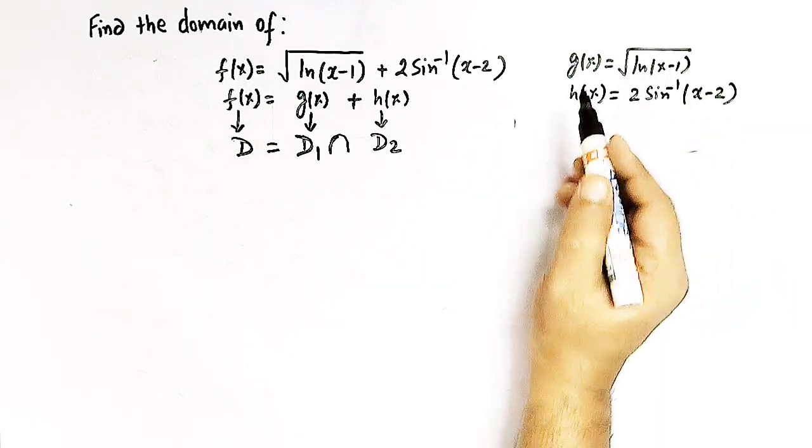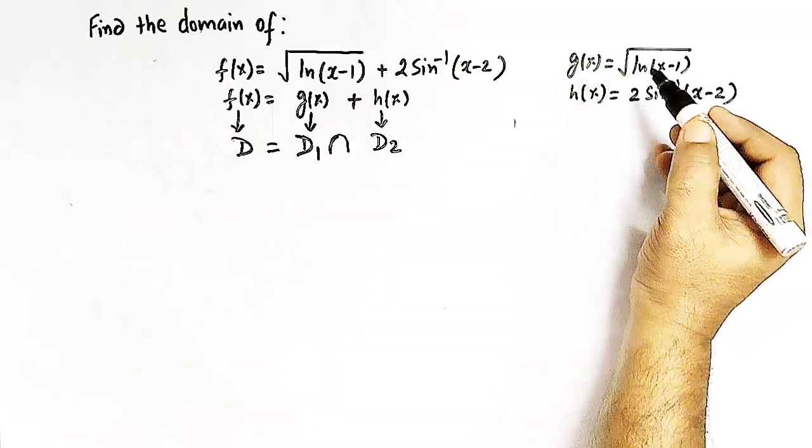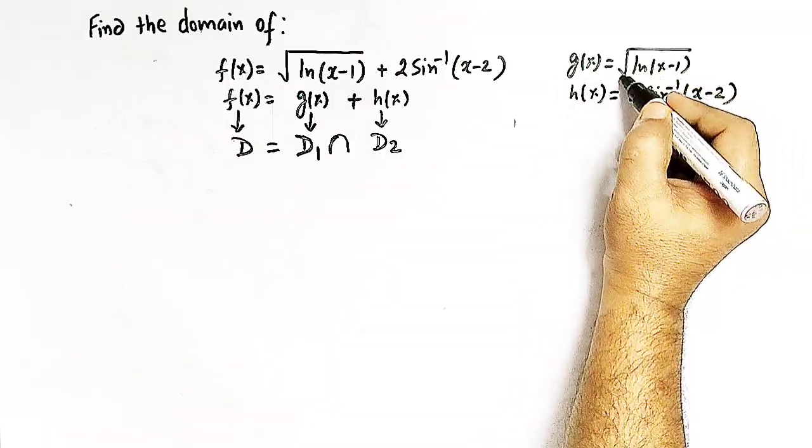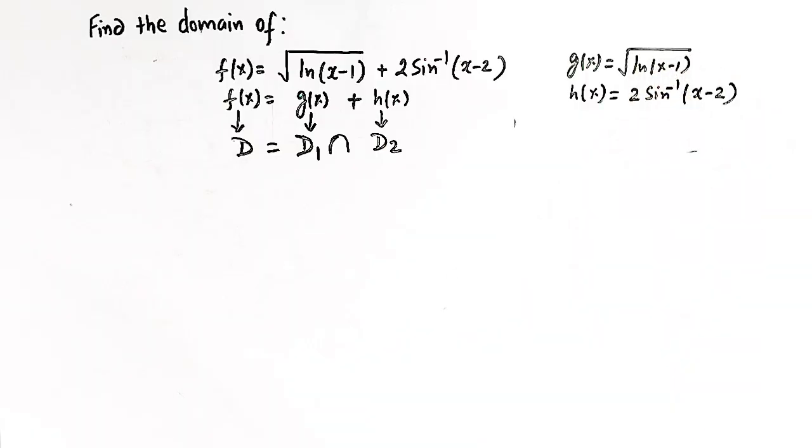Now here in the function g of x, we have natural log of x minus 1 inside this square root sign.